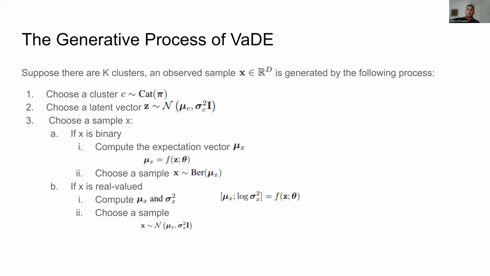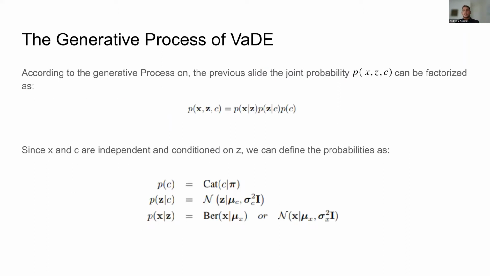And so, according to the generative process, we're trying to find the joint probability of X, which is the observed data, Z, which is the latent vector, and C, which is the cluster.